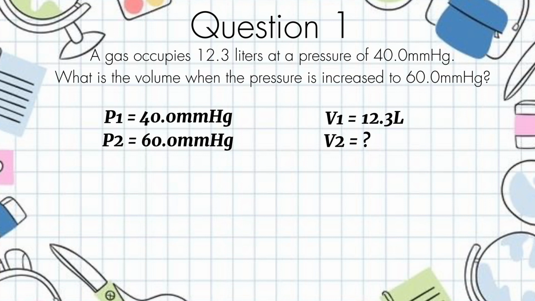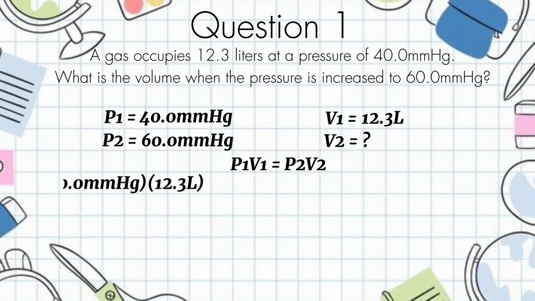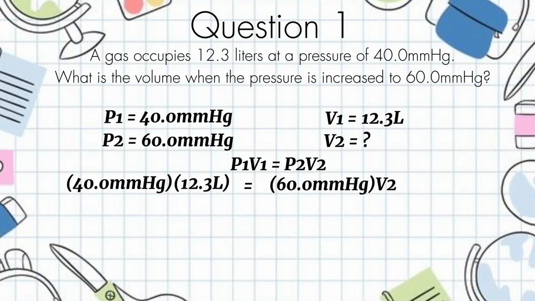Now, let's compute the V2. P1 V1 equals P2 V2. Then, let's substitute the given and we will have the equation. 40.0 times 12.3 equals 60.0 V2.